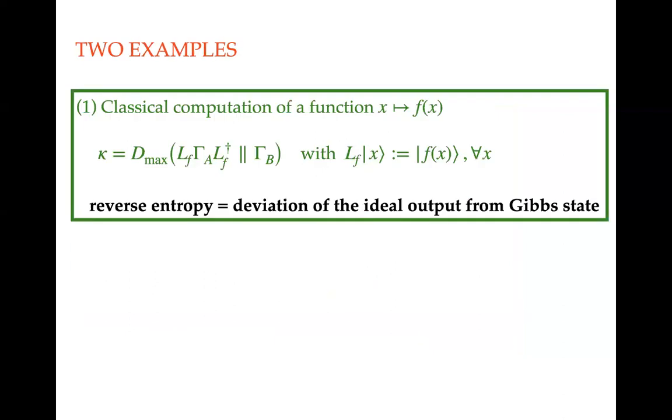Although there is an interesting caveat. There are two examples, a very classical one and a very non-classical one. If you just want to compute a classical function from x to f of x, the cost is really the max distance between the state that you get when you apply the ideal function to the Gibbs state and the Gibbs state of the output system.